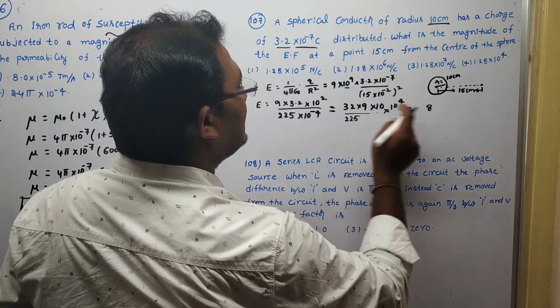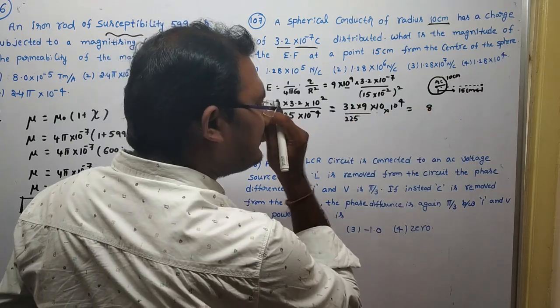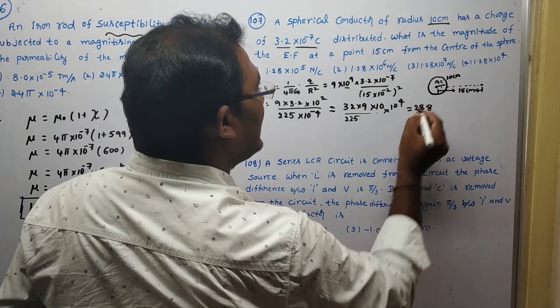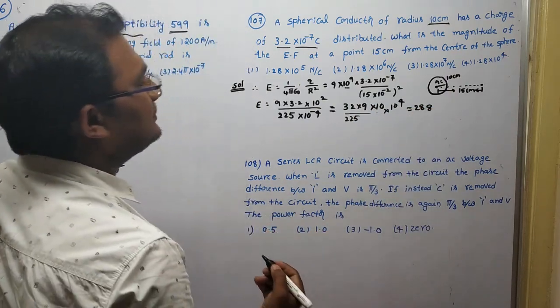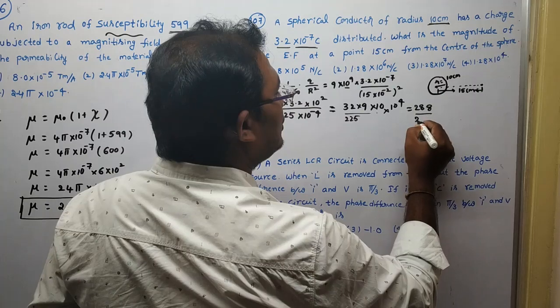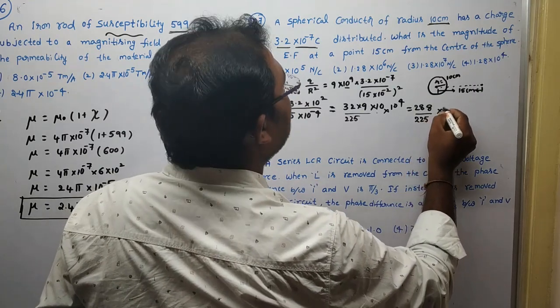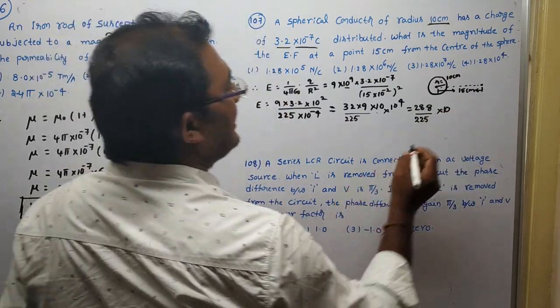That equal to 32 nines, 288 divided by 225 into 10 power 5.